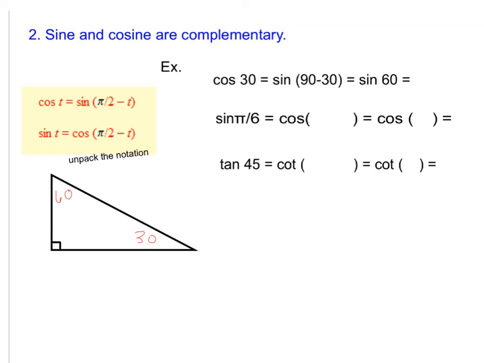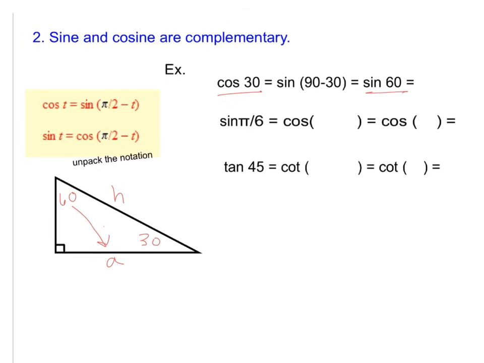And a cosine is adjacent over hypotenuse, right? So then what would the sine of this one be? It would be the same side over hypotenuse. So the cosine of 30 and the sine of 60 are the same value, which is square root of 3 over 2.